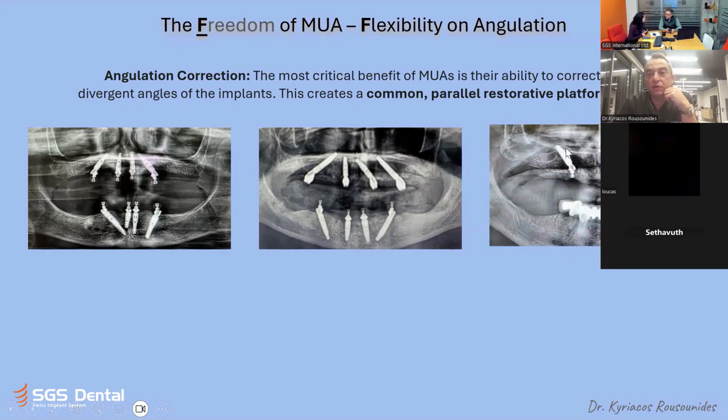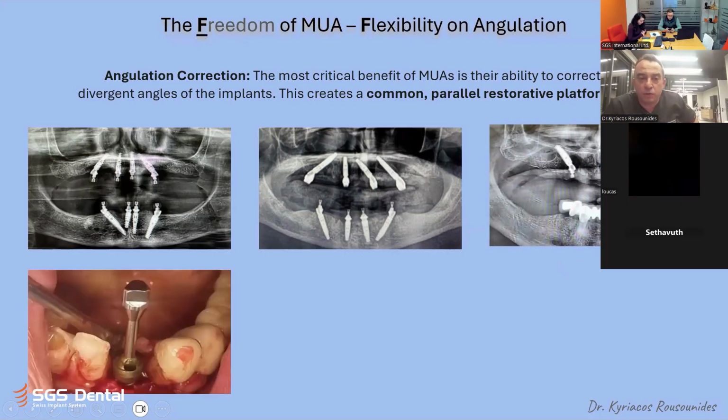This case here will be in one of our cases later, and we will speak about it more. And this is a single implant where we corrected the angulation according to the bone, and we see that we have a better fit between the teeth and a straighter insertion angle.